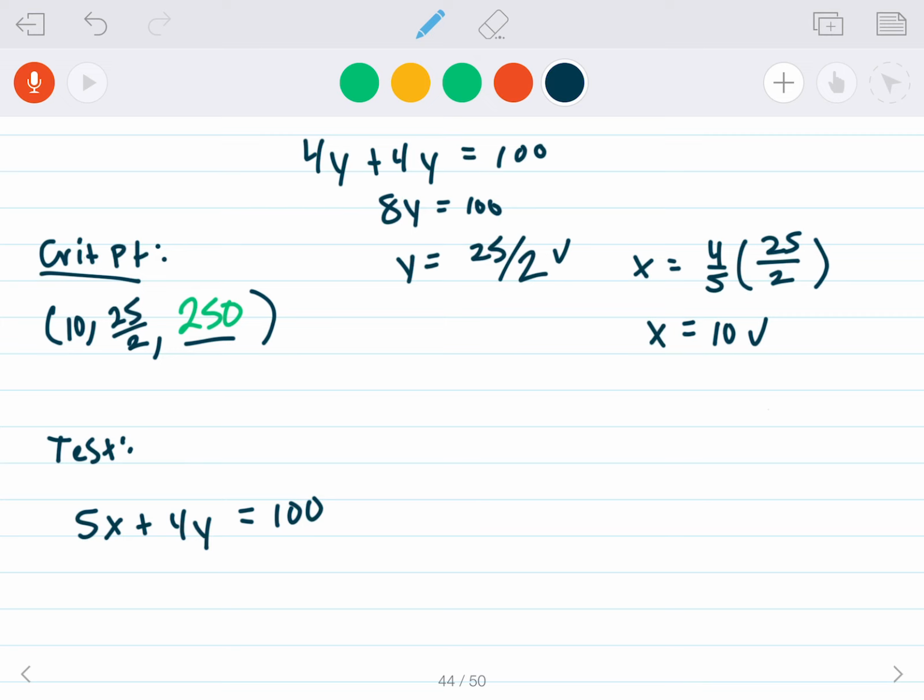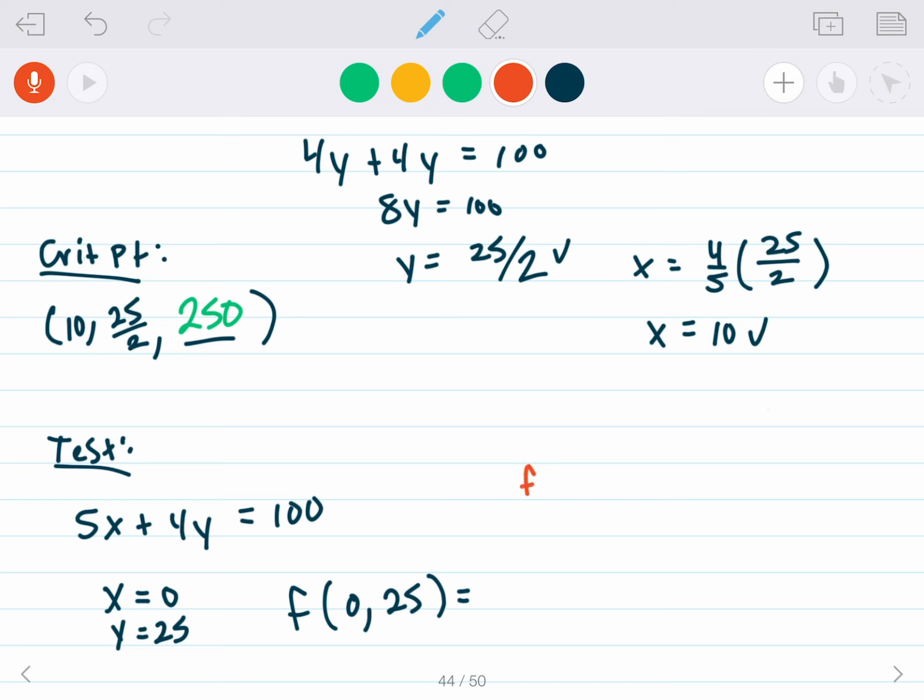So how about when x is 0, what could y be? Well, when x is 0, y is going to be 25. Let's test that point. So if I do f of 0, comma 25, and remember I'm plugging this into my surface.